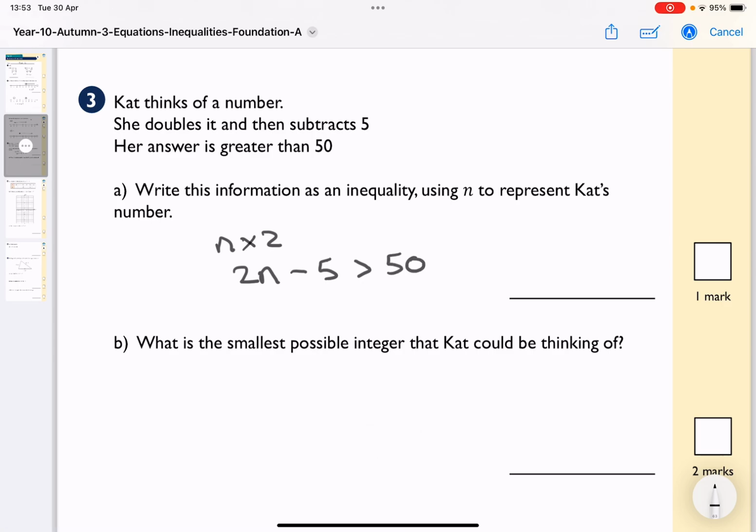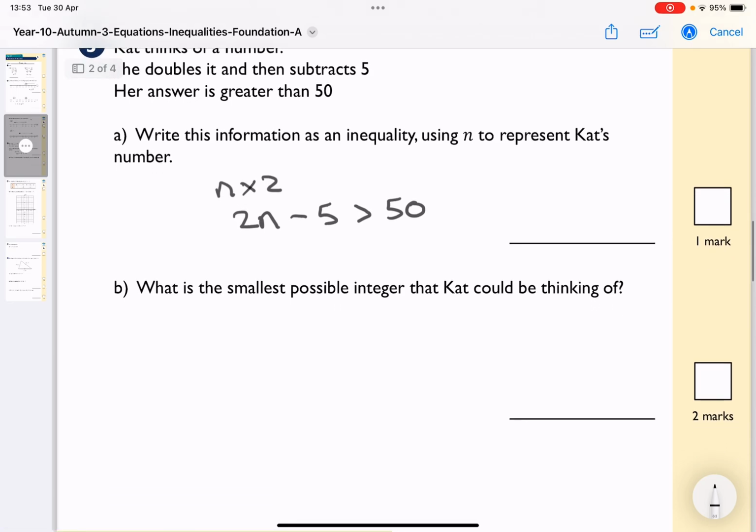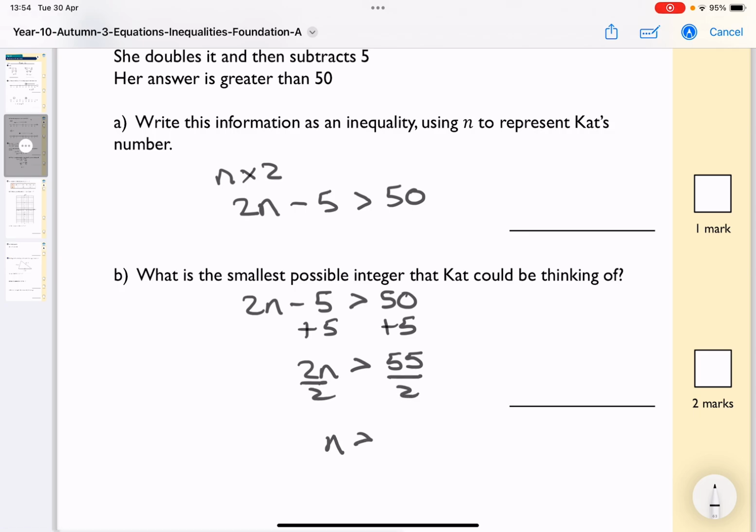That's the inequality. It then says, what is the smallest possible integer that Kat could be thinking of? Well, if I look at this, I've got 2n minus 5 is bigger than 50. If I add the 5 to both sides, I've got 2n is bigger than 55. Then I divide by 2, so n is bigger than 55 divided by 2.